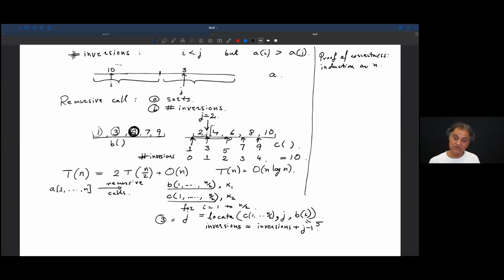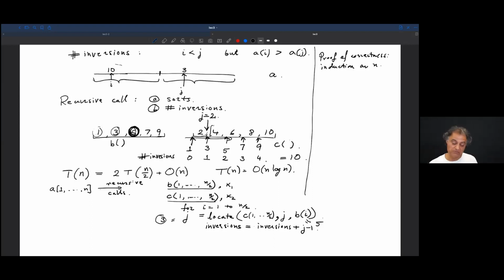Why does it compute the number of inversions? Because it computes them for each half by the induction hypothesis, and then it computes them across the cut by the fact that locate works well. That's how you would do a proof of correctness if you wanted to do it formally.